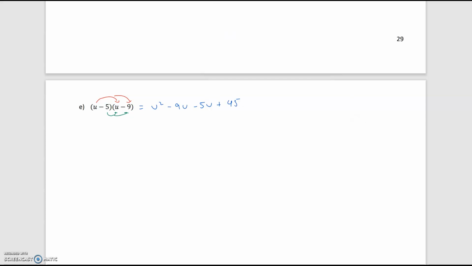And then we're going to combine the middle terms since they're like terms. And this is going to give us u squared minus 14u plus 45. That's it for this one.